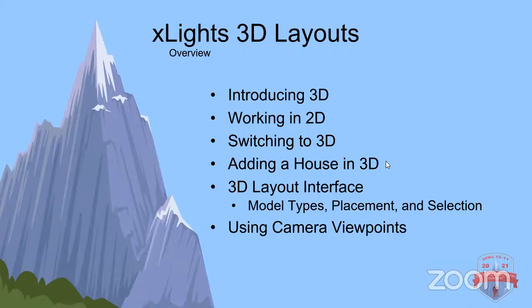I'll demonstrate how to add a house object into a 3D layout, and then go through a lot of the 3D interface: how you add all the model types and how they get placed, the mechanics of selection, and how to use camera viewpoints to change how effects render onto your layout based on different camera angles.